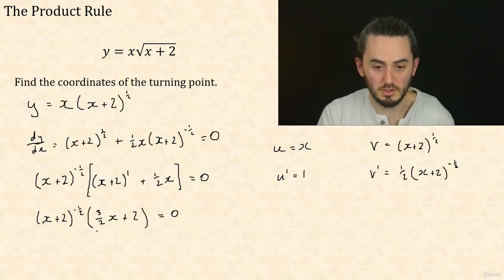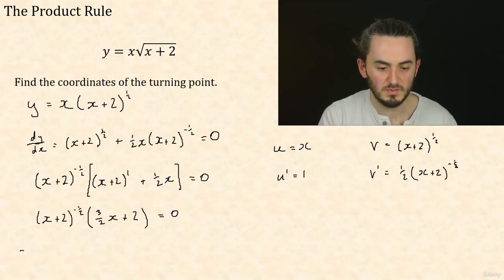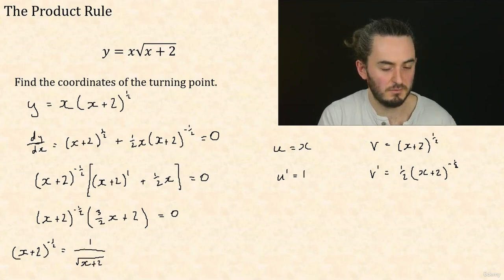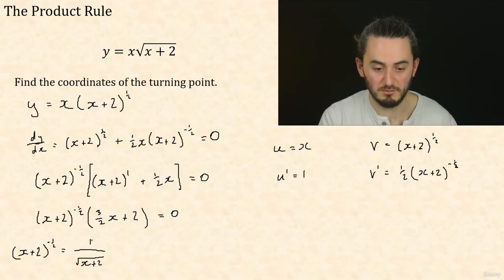So what's the solution to this? Well, it's either this bit equals 0 or this bit equals 0. Careful though, x plus 2 to the negative a half is 1 over the square root of x plus 2. That can never equal 0, right? Because a fraction is only 0 if the numerator is 0, and the numerator is 1. It's never 0. So we get no solutions from that part.